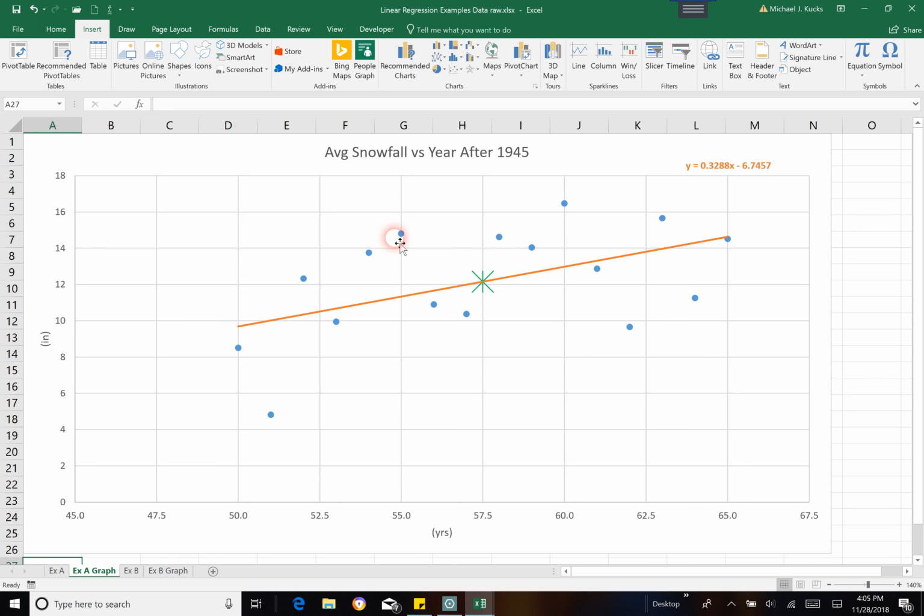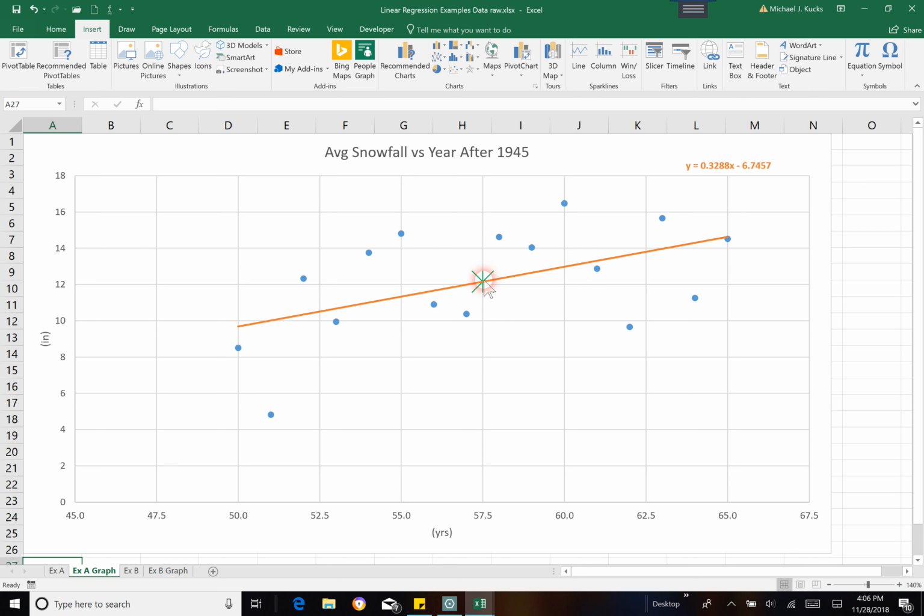These dots obviously scatter up and down around this trend line. And they scatter randomly, I think we could say that. There's no pattern to the scatter. It's a random scatter. That means we've got a good trend line drawn. The dots should definitely scatter randomly around the trend line, and they do.